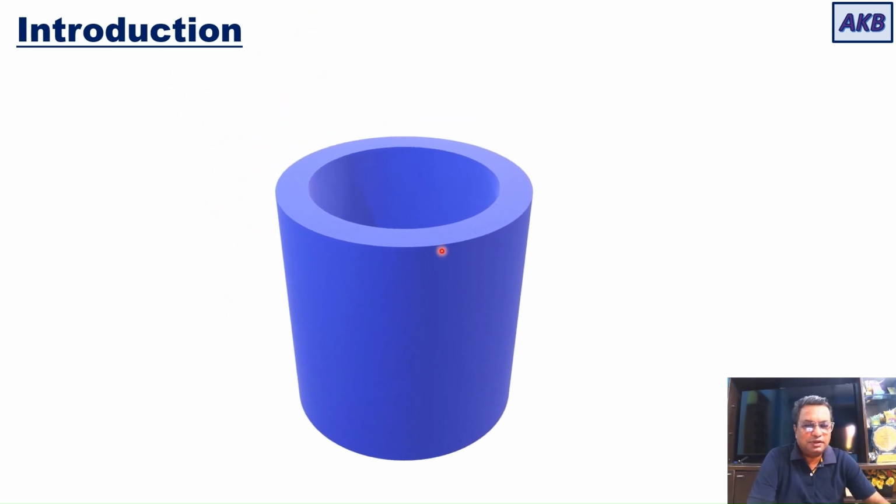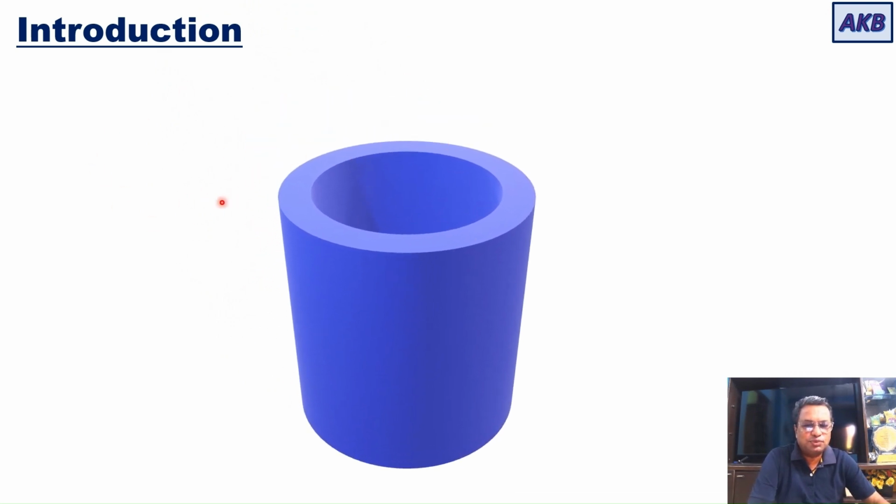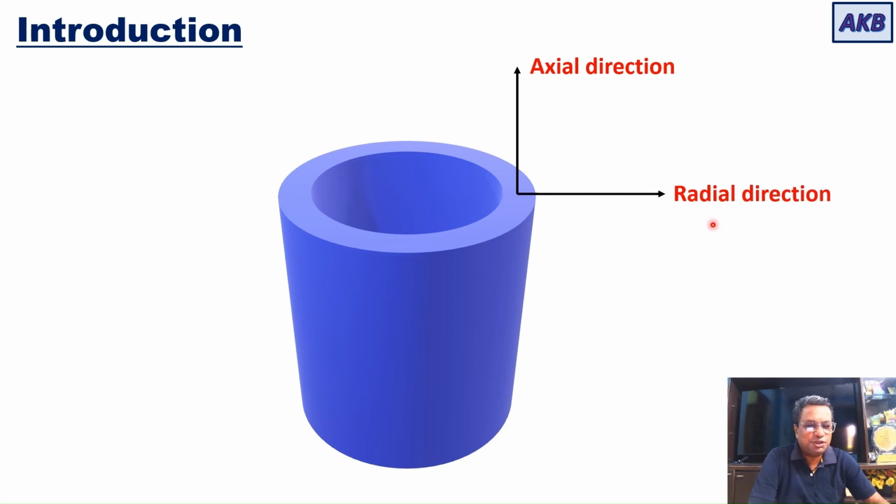Okay, so to understand this, let us consider this thick-walled cylindrical shell. This will be the axial direction, this will be the radial direction, and this will be the tangential or circumferential direction.